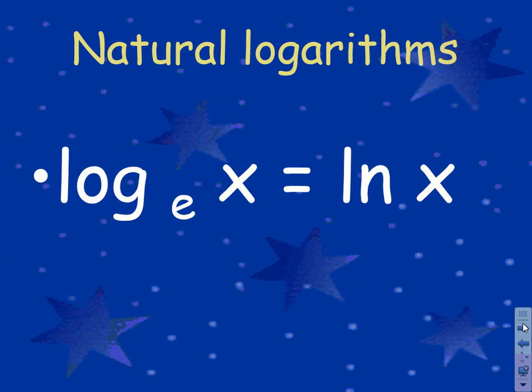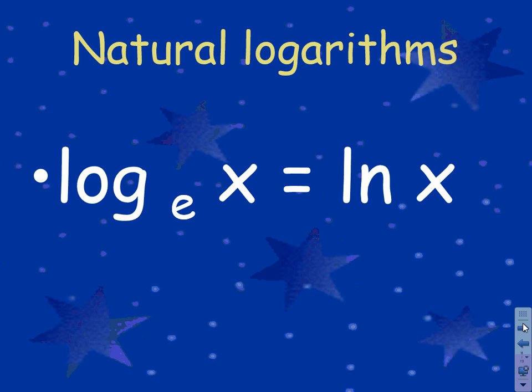We haven't really used a base 10 in our examples, so that's why we haven't plugged anything in. But the natural log has a base of E. LN. It's natural log, but they put LN instead. That's just what they do.